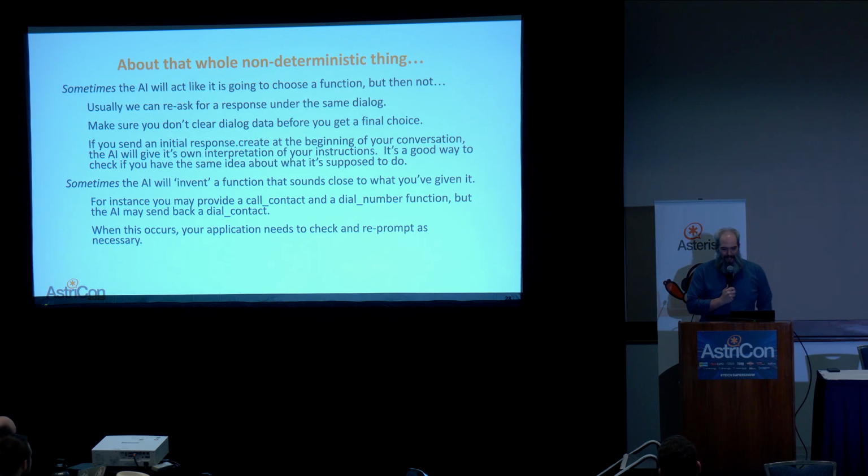And then, again, about that whole non-deterministic part of it, right? Sometimes the AI will act like it's going to choose a function and then not. And you have to deal with that. So what that means is don't treat the audio or the text that you're sending to the AI as ephemeral. Hold on to it until you're done, because you might have to resend some things if it stops responding.